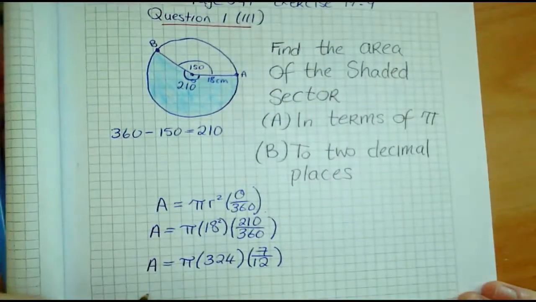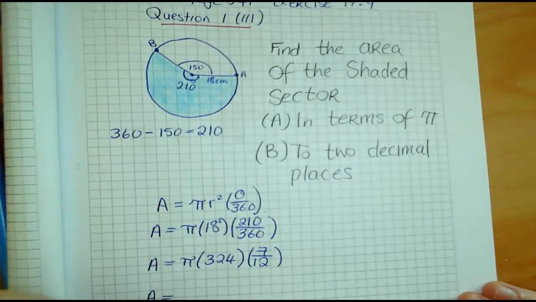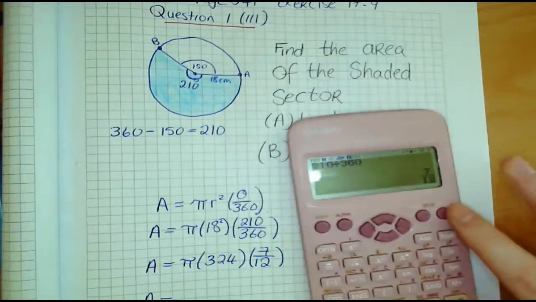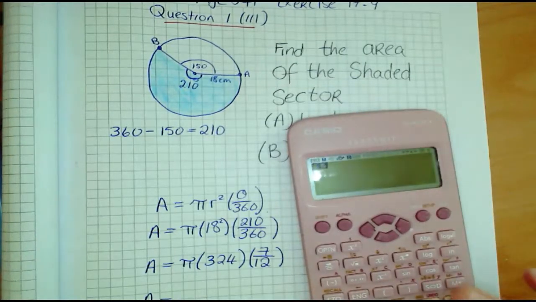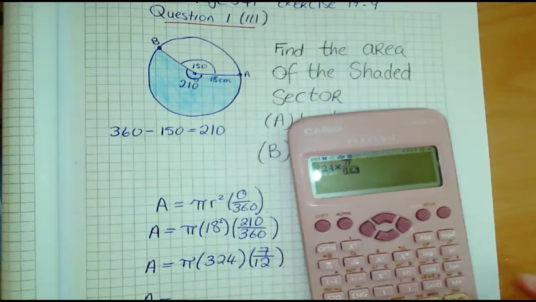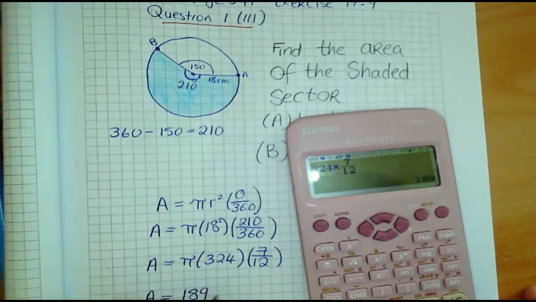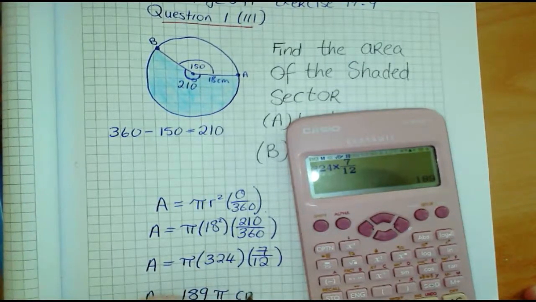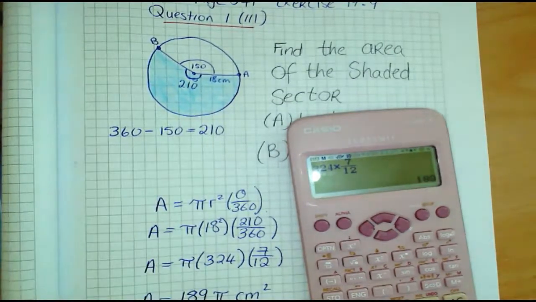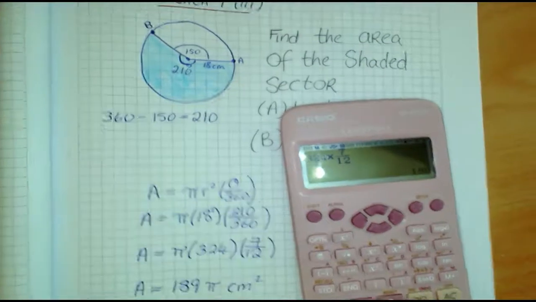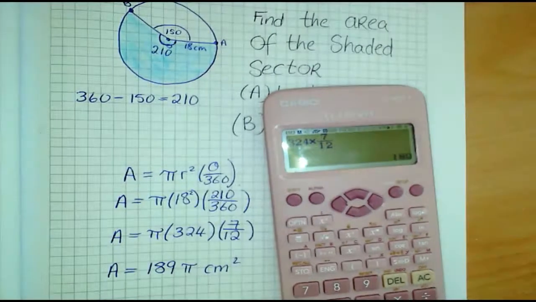So A then is equal to 324 multiplied by 7 over 12, which is 189 pi, and that's centimeters squared because our radius is in centimeters. Okay, so that's part A then.